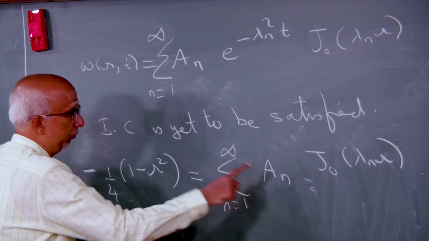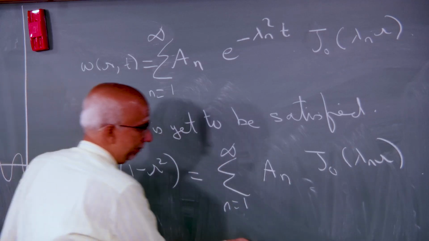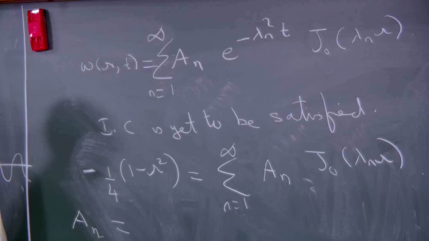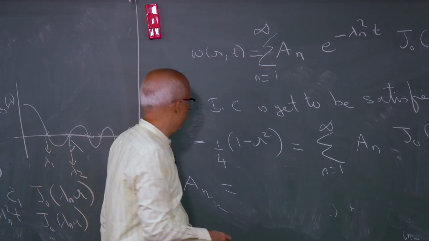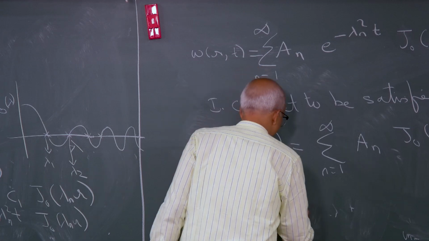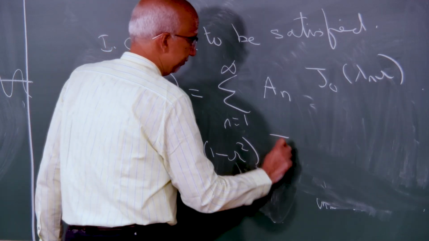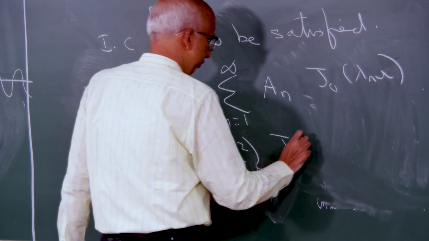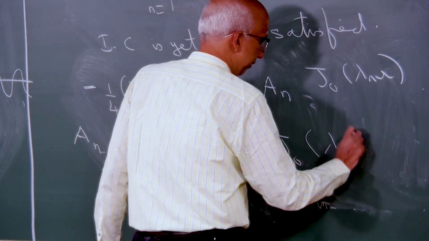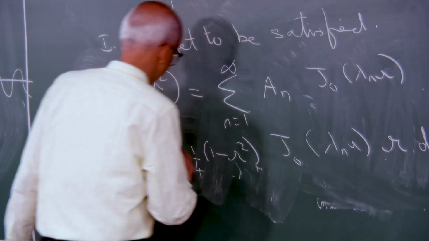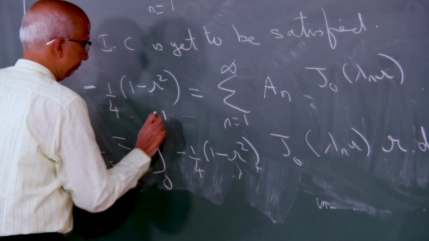A_n is found this way: you multiply both sides with J0(lambda_n r), integrate, and use the orthogonality relationship. So what you get is minus 1 by 4 times (1 minus r squared) times J0(lambda_n r) multiplied by r dr, integrating from 0 to 1.